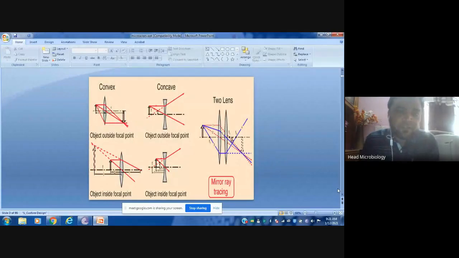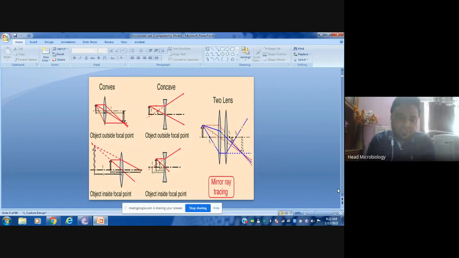See, in case of convex lens, if the object is at infinity distance, you will be getting an image at the focus point, isn't it? That is how we determine the focus value. Hope understood. All of you are following. Okay.